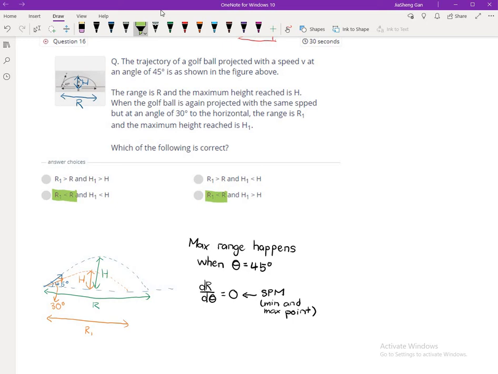We also know that if we launch something with an initial velocity at 45 degrees, you resolve this into ux and uy, and you do the same thing for 30 degrees.